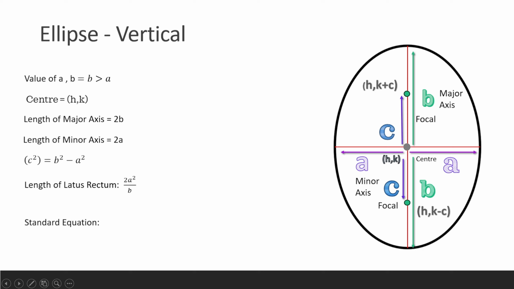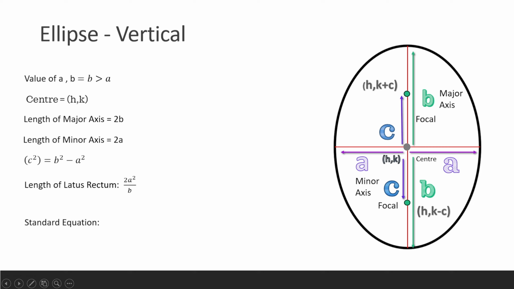Now, what I was talking about earlier was a horizontal ellipse. But now let's talk about a vertical one instead. For a horizontal one, the value of a would be greater than b, but for a vertical one, the value of b is greater than a. The center is still (h, k), but this time the length of the major axis is 2b.